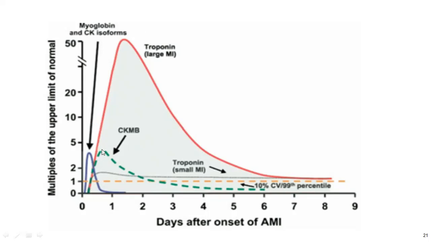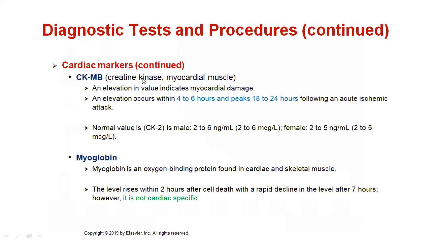They rise a little bit less, and they are also elevated, but not like the troponin. CKMB is more specific to the heart, right? CKMB is more specific to the heart than only CK. CK stands for what? Creatinine kinase.